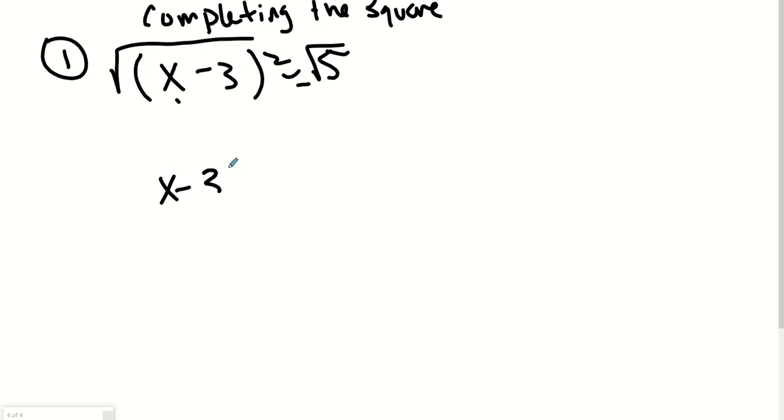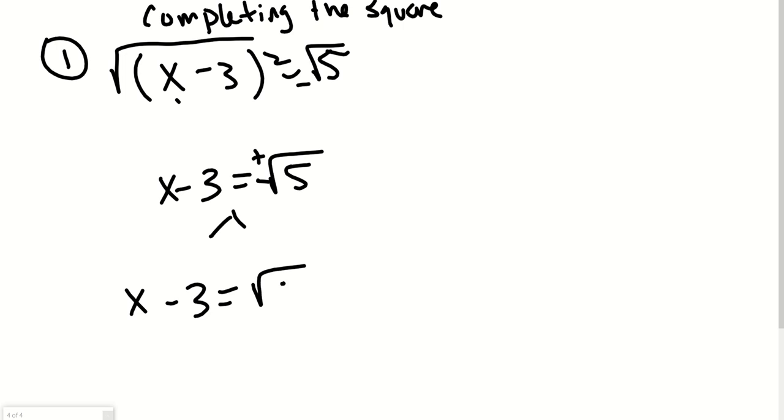And you have x minus 3 equals plus or minus square root of 5, because it's squared. So now, this x minus 3 is either going to equal square root of 5, or x minus 3 is going to equal negative square root of 5.